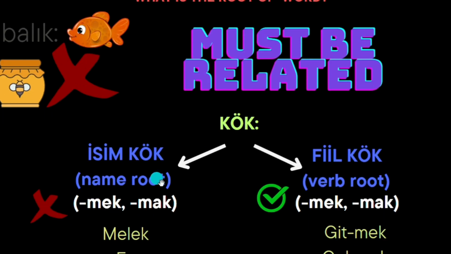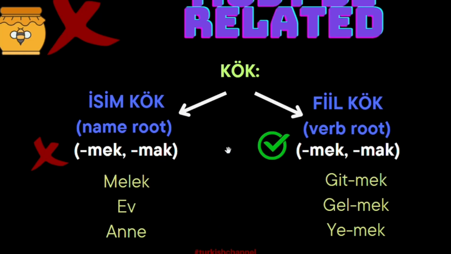If you understand what root means, let's separate two. İsim kök, which means name root, and fiil kök, which means verb root. When I was a little child, my teachers told me if you add mek or mak suffixes near the word and it sounds good, so it's fiil. But if it isn't, okay, then it's isim.